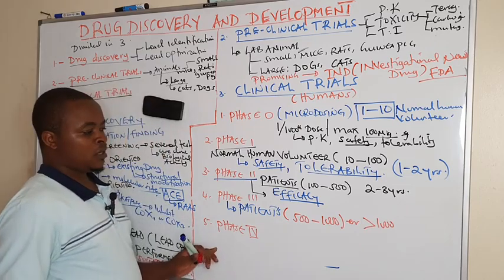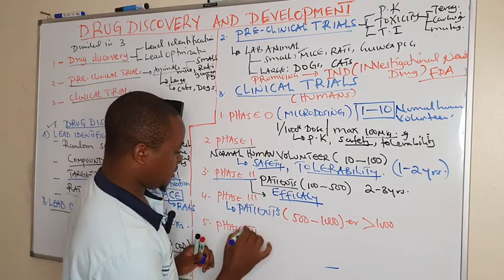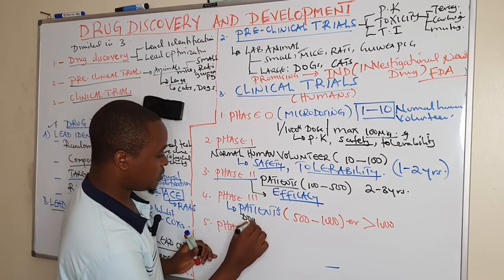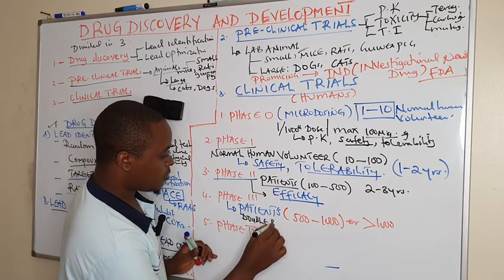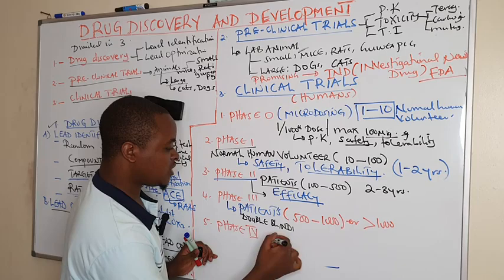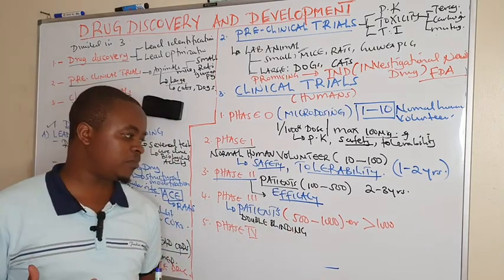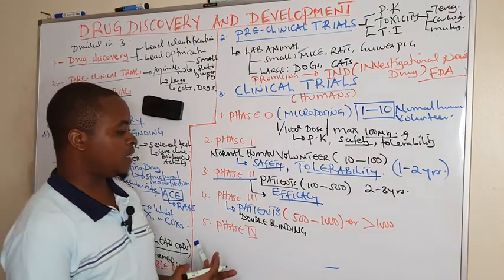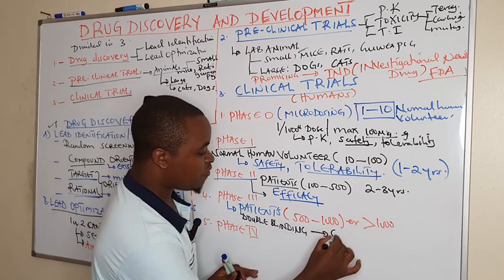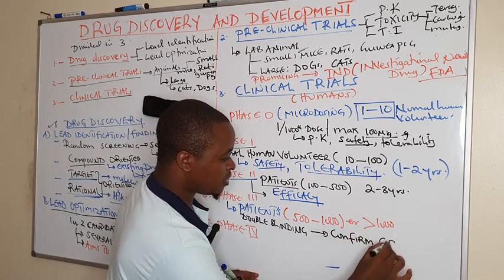After identifying these patients, we use what we call double blinding, where the doctors and the patients, or the researchers and the respondents, are not aware of what is taking place. We do this to confirm the efficacy of the drug.